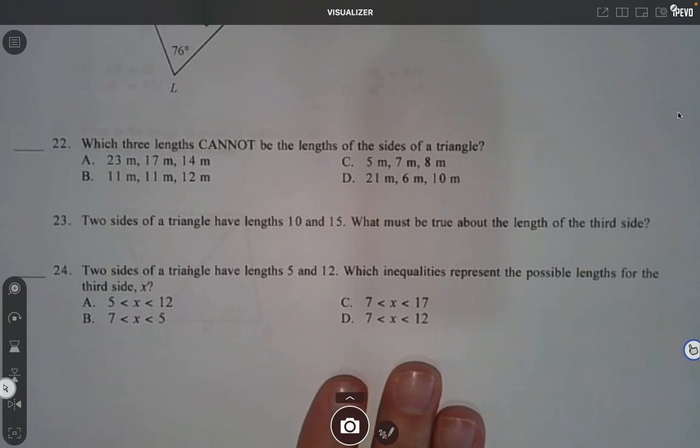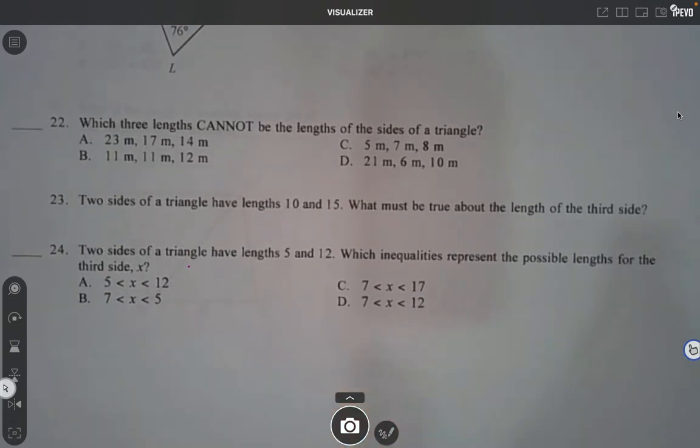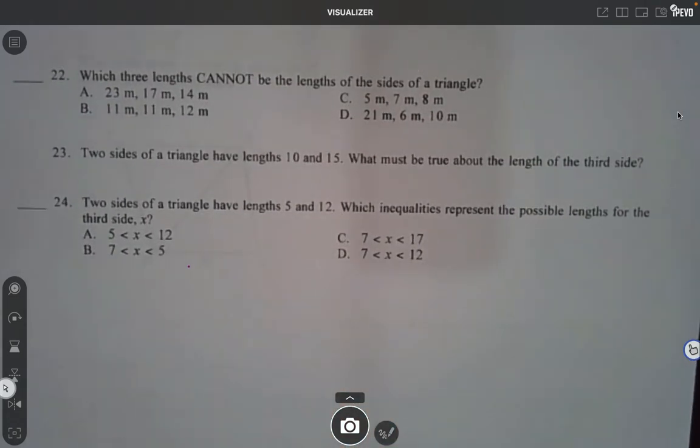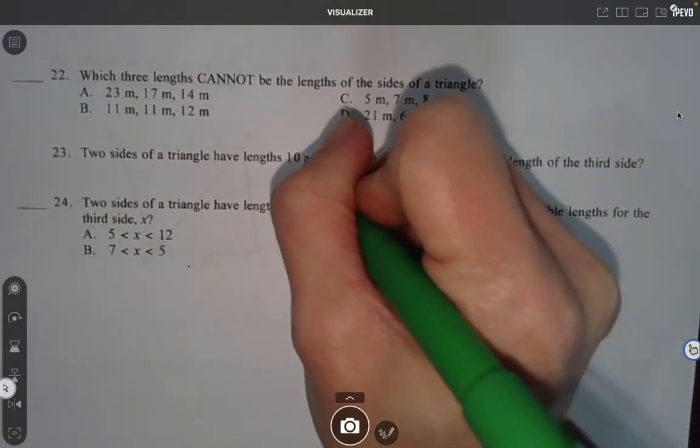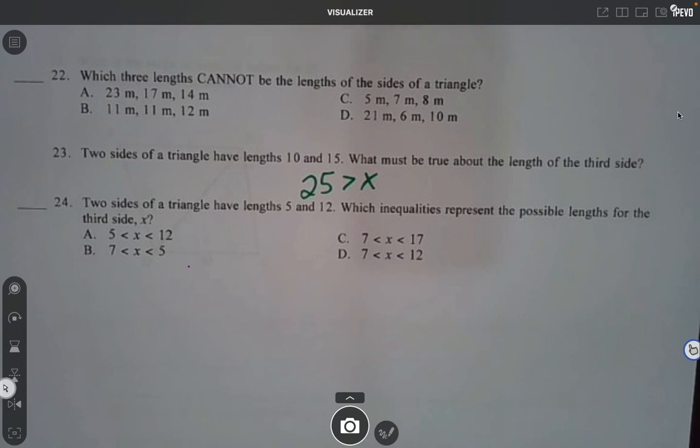All right. Number 23. This one's asking about what must be true about the length of the third side. So 10 plus 15 is greater than x. What is 10 plus 15? 25.